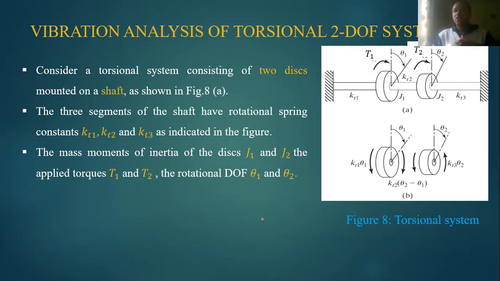So here we are talking about 2 degree of freedom. We have 2 discs connected in a shaft, and sometimes the shafts may have variable diameter or different cross section. We now consider a uniform shaft with uniform diameter, which is carrying two discs, which are flywheels.